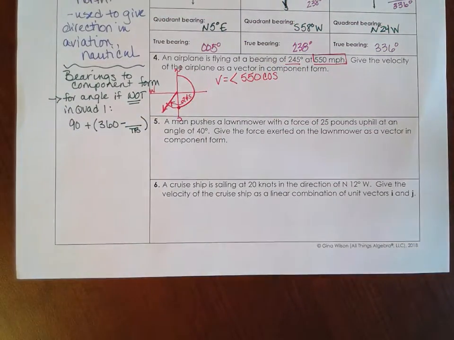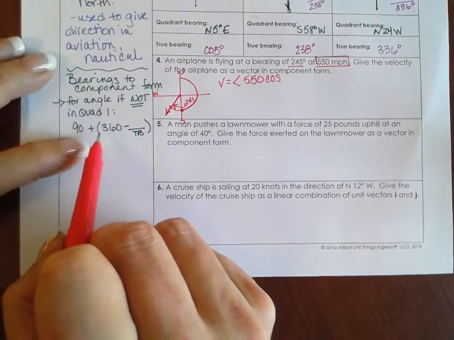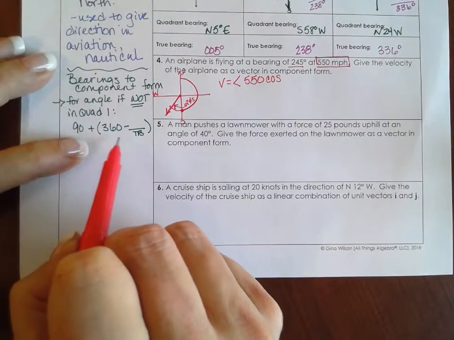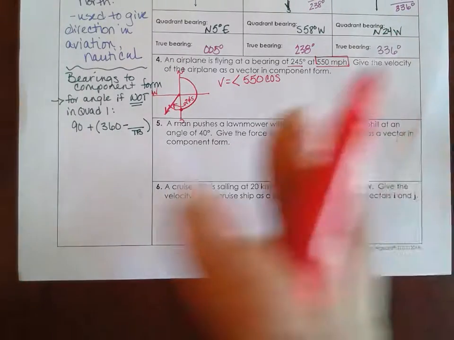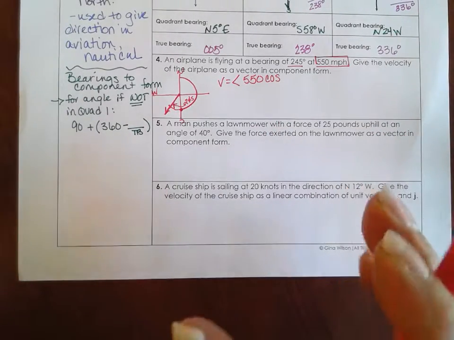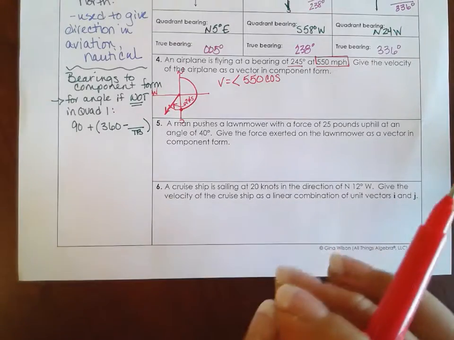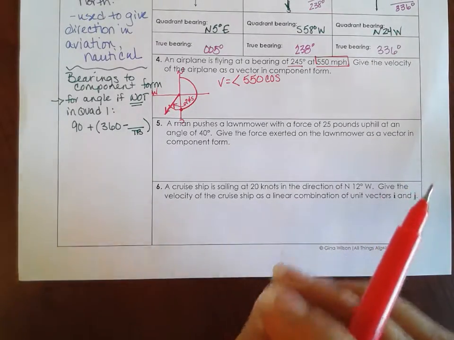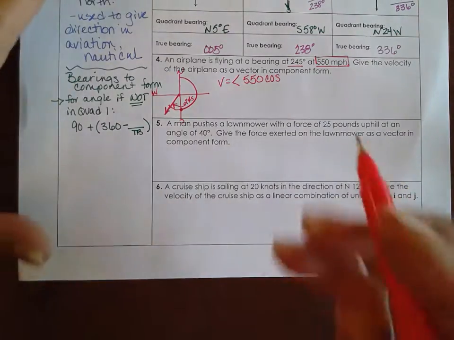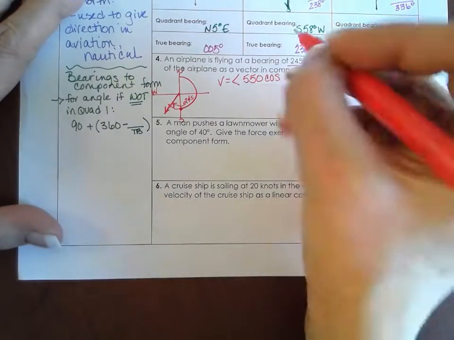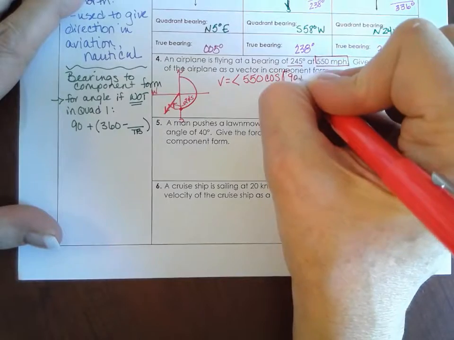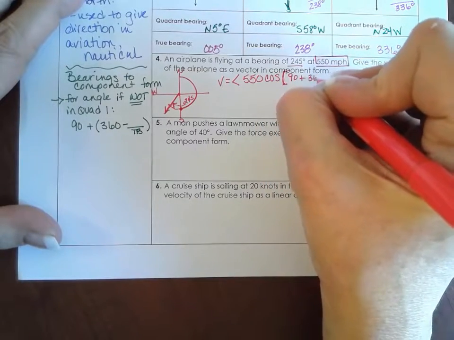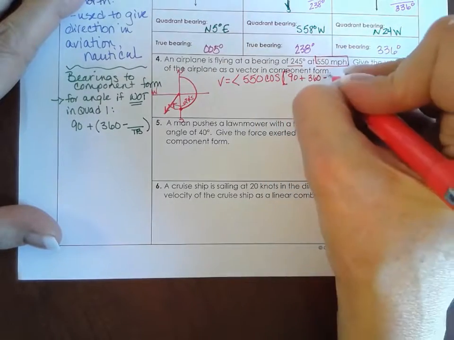And this is where you use this formula, okay, to get it into the right directional angle, because we can't have it in bearing form, we need it in directional angle. And so the cosine angle is going to be 90 plus the 360 minus 245.